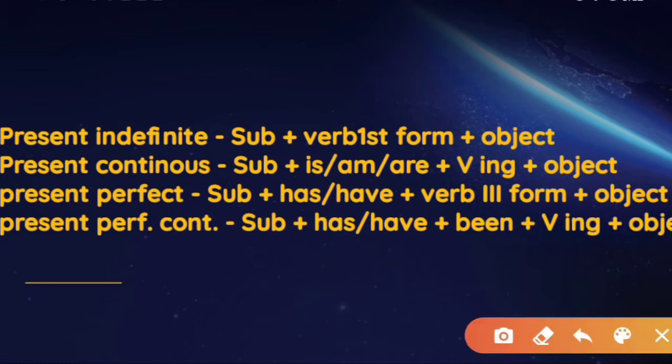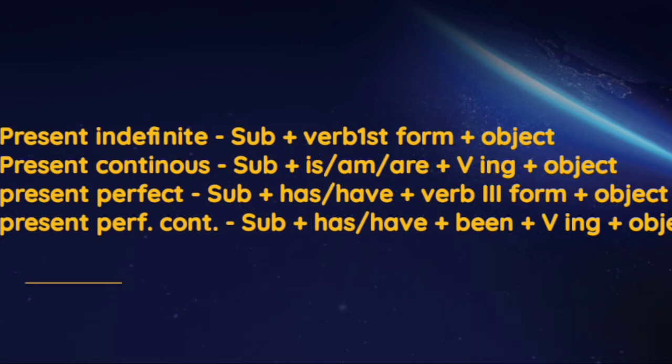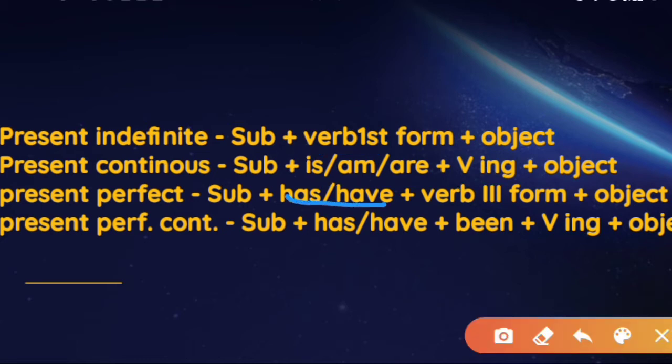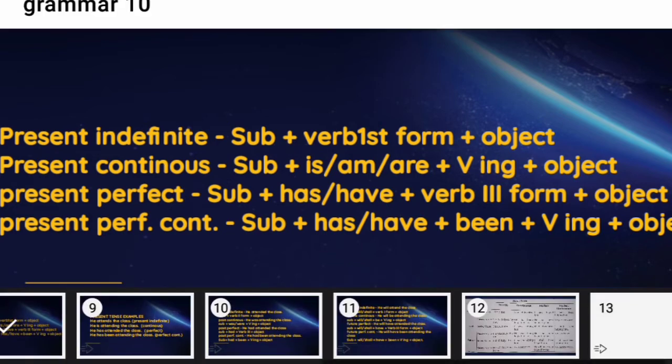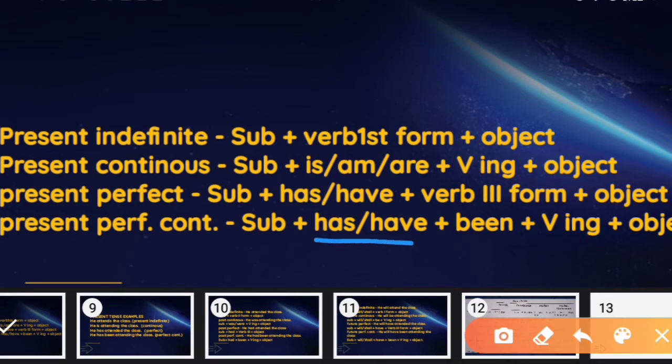The notifications to know: present indefinite has verb first form, continuous is am/is/are plus verb ing, present perfect has or have plus verb third form, and present perfect continuous has/have plus been plus verb ing. Now we have some examples regarding this.